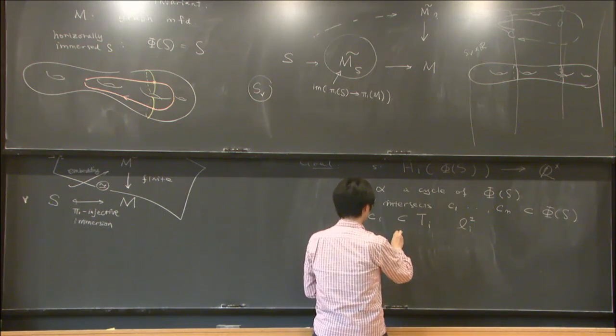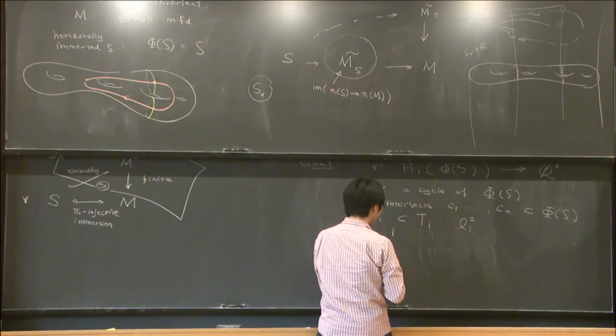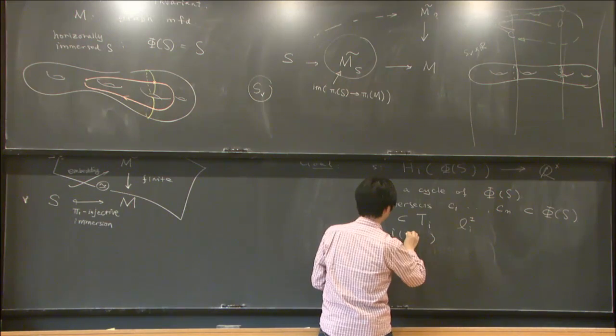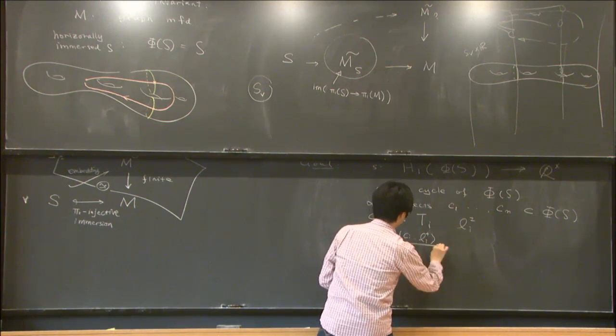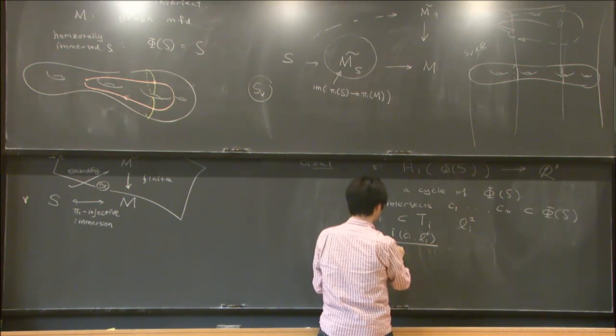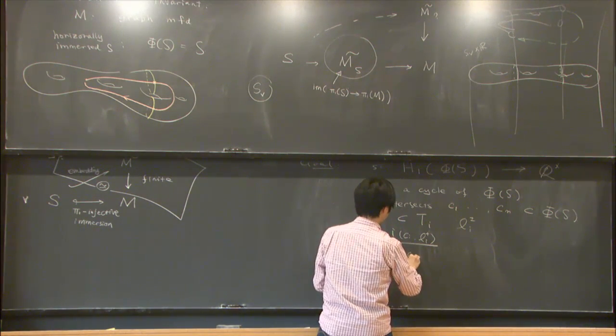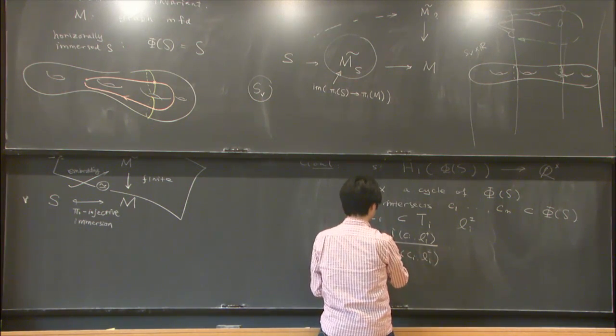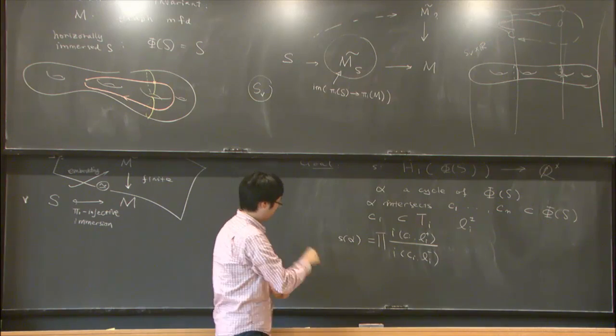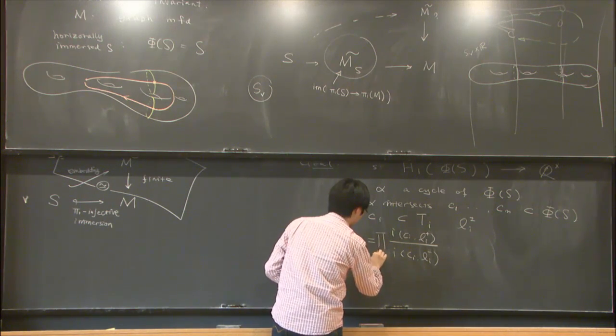Let me use another color to distinguish: the intersection of Ci with Li plus over the intersection of Ci with Li minus, and the ratio is taken with the product over i from 1 to n.